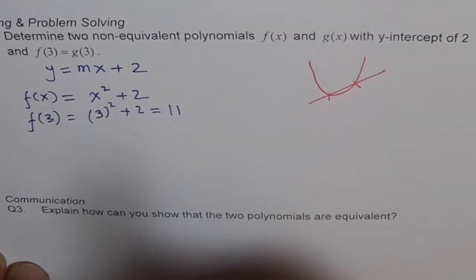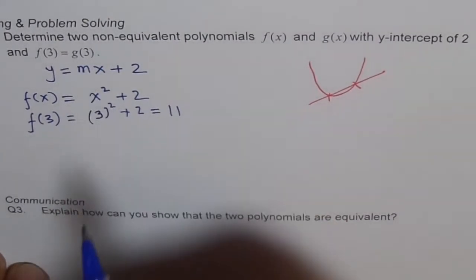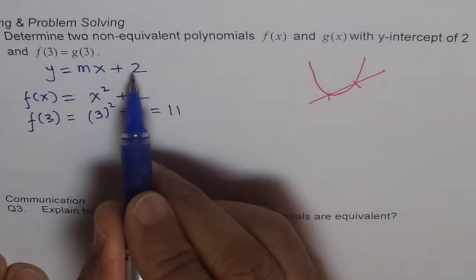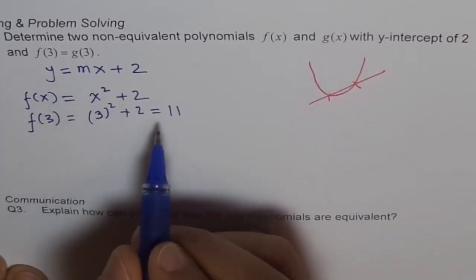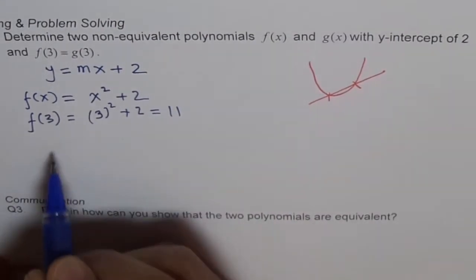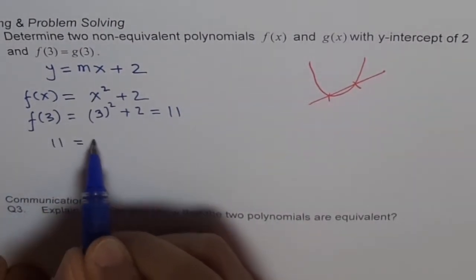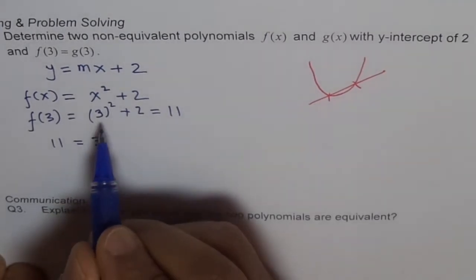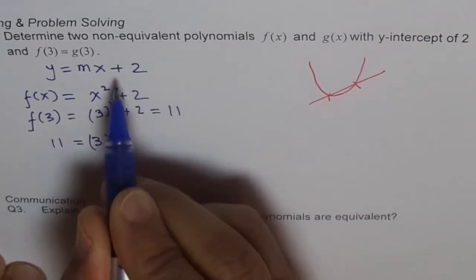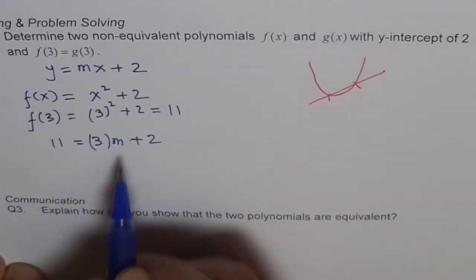Is it right? So we'll find a particular slope. I'll substitute this value of f(3) here. So the y value should be 11 and the x value should be 3. So we'll do 11 equals 3 times m plus 2, where we have to find the slope m.